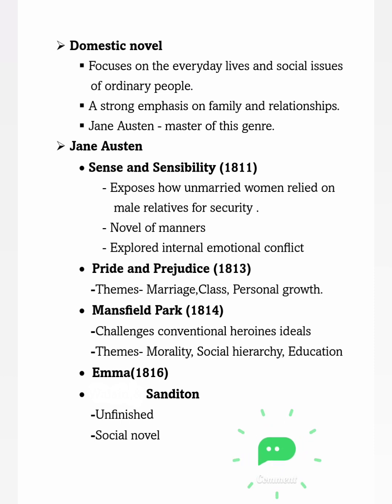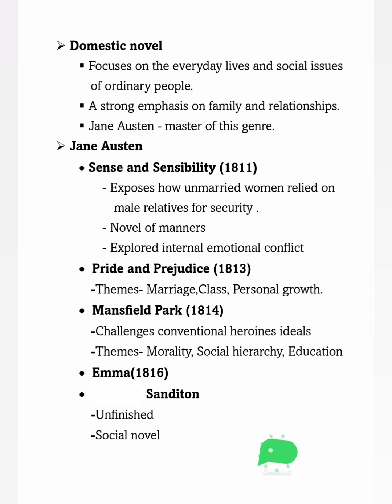Her novels explore family dynamics, social interactions in different contexts, and also criticize class structures, societal norms, and gender roles, mostly in a rural and middle class environment. In short, her novels are an actual depiction of 18th or 19th century English society and everyday life.